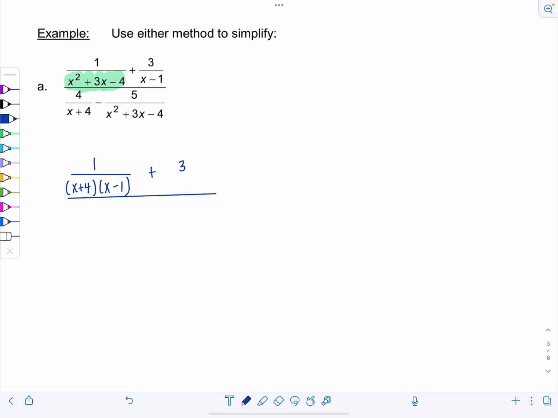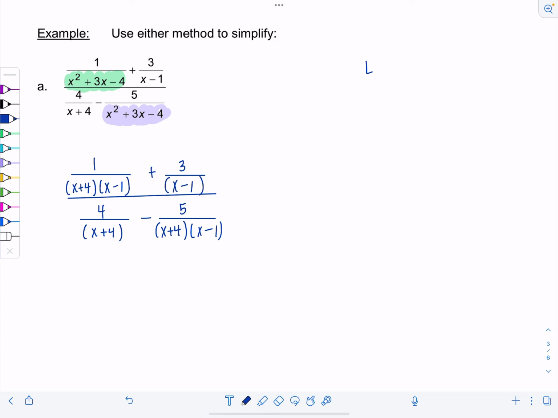Plus, then we have 3 over x minus 1. If you want to put parentheses around it, cool. And then in the denominator, 4 over x plus 4. That's done. Minus 5 over, now we have to factor again, x squared plus 3x minus 4. But we just factored it, so no big deal. (x plus 4)(x minus 1).